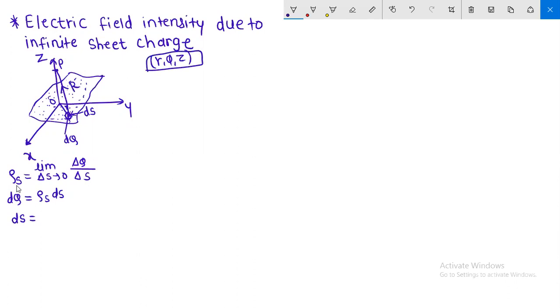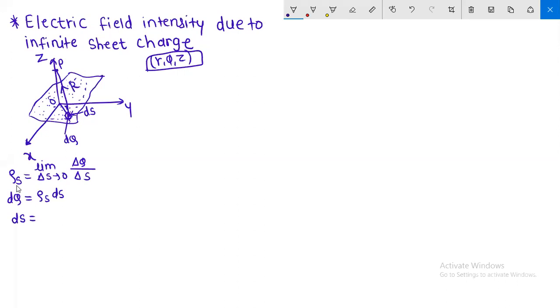You can simply consider the base of a cylinder, which is placed in the x and y plane only. Then what will be the constant here? The z coordinate will be constant. I'm giving you a clue so that you can answer easily.